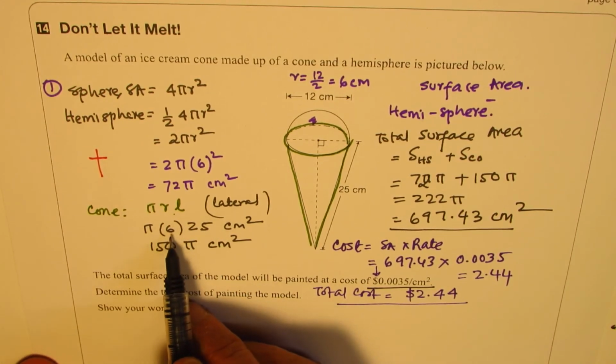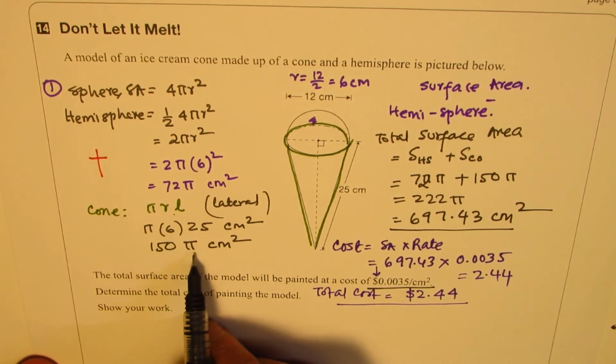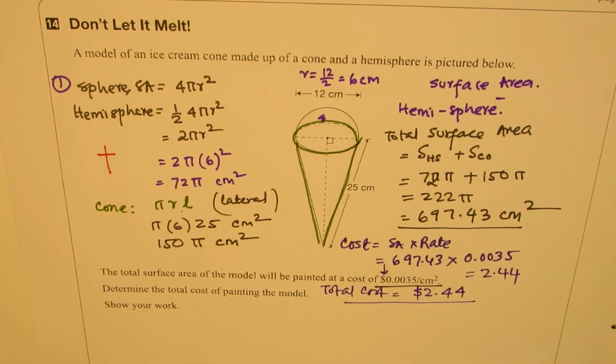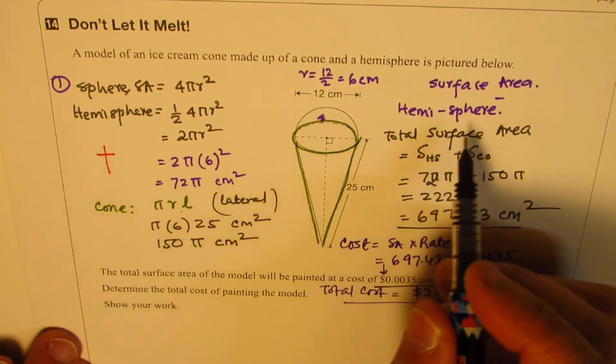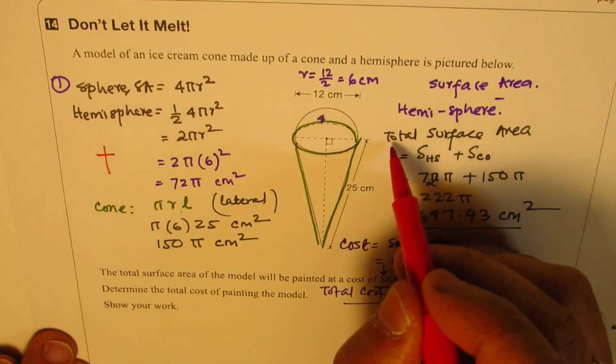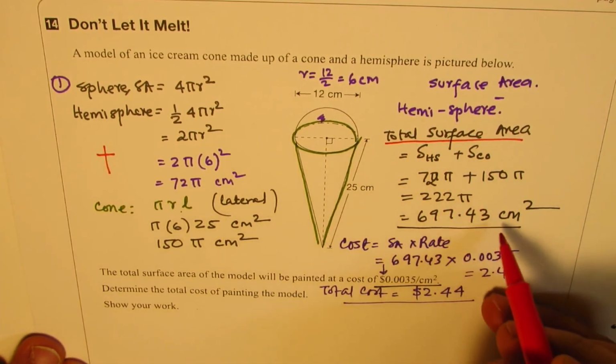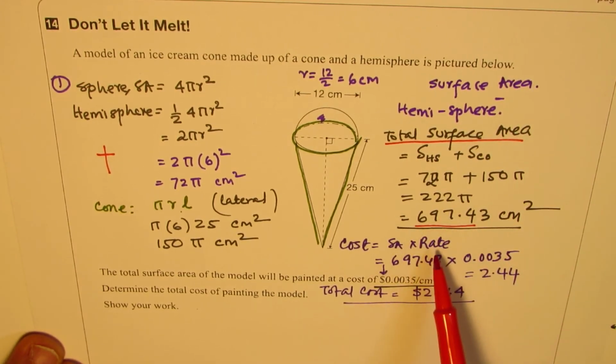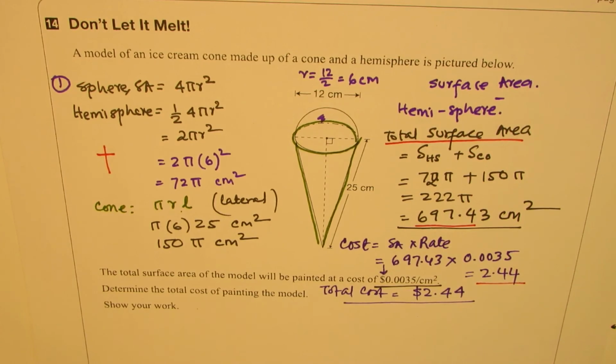Substituting 25 for L, 6 for radius, we got 150 pi centimeter square as the surface area for the cone. Now, total surface area is combination of both of them. So we just added them up, got a value of 697.43, multiplied the surface area with the rate given to us to find the total cost. Is that clear? Perfect. So that is how you solve this particular test paper.